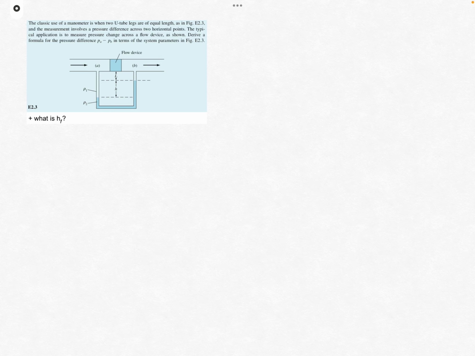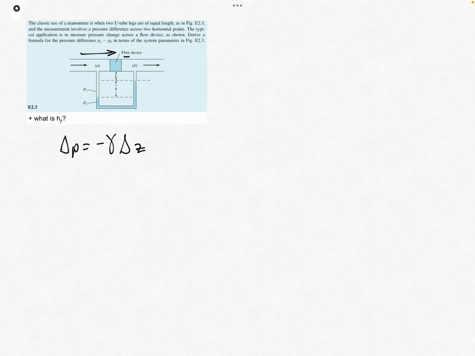All right, so to begin this kind of problem, we're basically just going to be applying our expression for pressure in a hydrostatic fluid, delta P is equal to minus gamma delta Z. Noting here that although there's flow going on within this top channel, through that flow device, within the manometer tube underneath, we have a fluid static condition.